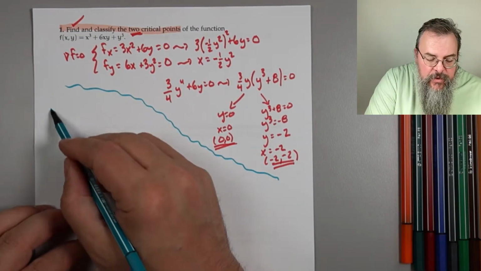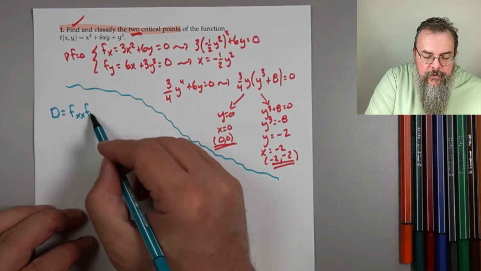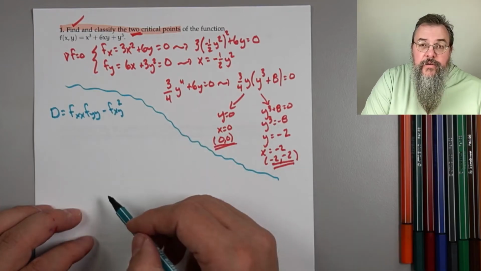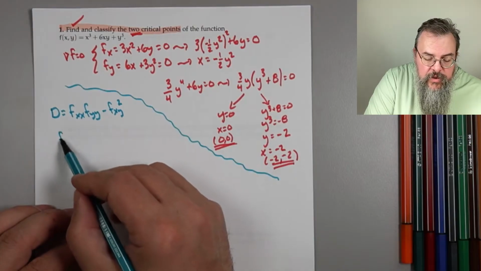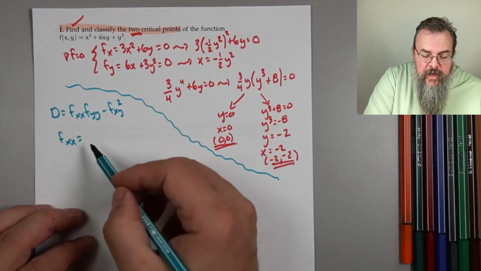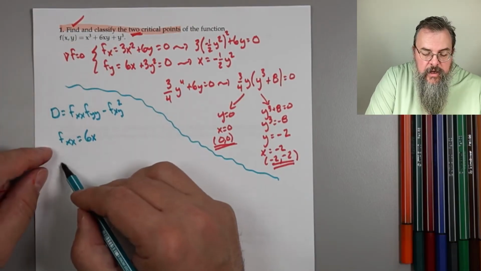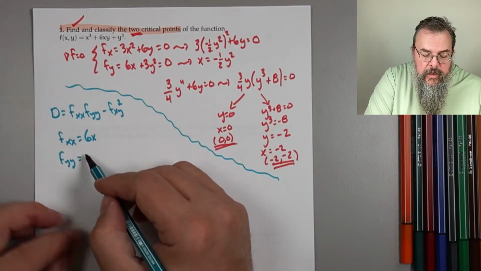So remember, that means we're going to do the following computation. We're going to look at fxx times fyy, minus fxy quantity squared. All right, so we need to compute these derivatives. fxx, that would be 6x. fyy, that would be 6y.